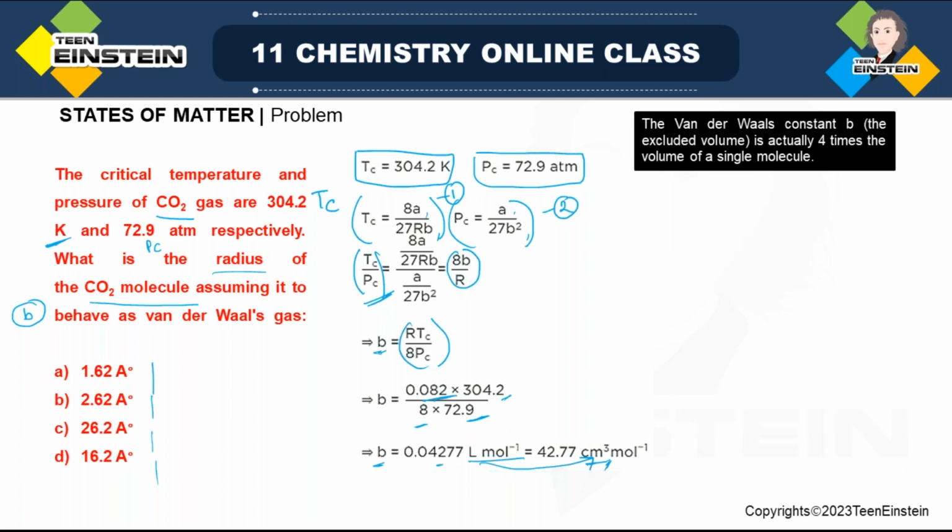Now this van der Waals b, this statement I have already mentioned when I discussed a and b. This b is basically 4 times the volume of a single molecule. So if the volume of a single molecule is Vm, then 4Vm is equal to b. Fine. So from this information we can solve the problem, because if we know the volume of a particular molecule, you will be able to find the radius from the sphere volume formula, because you will consider the gas molecule as a sphere.